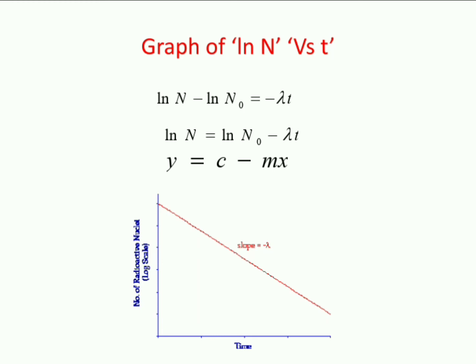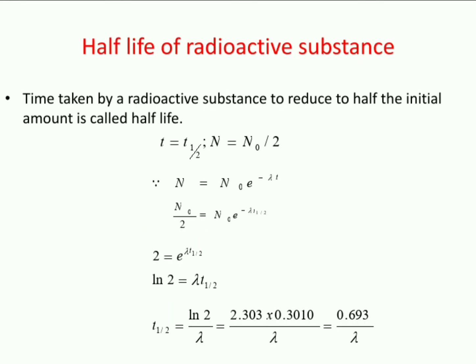Now that you know the radioactive disintegration law, let's look into the half-life of a radioactive substance. See, in the previous graph, when you studied N versus t, as time becomes infinity, N naught reduces to 0 because the graph is not touching the x-axis. The graph touches the x-axis only at infinity.